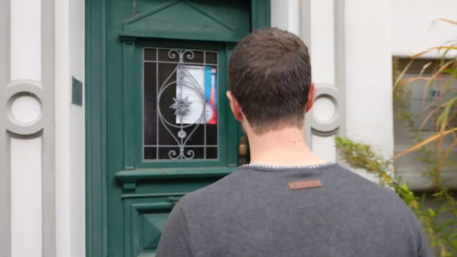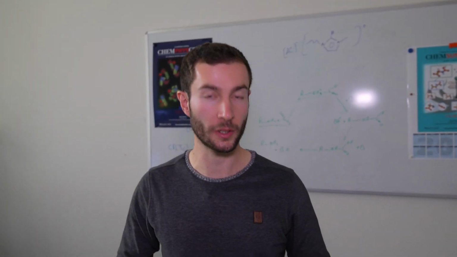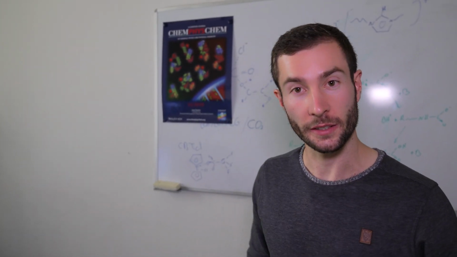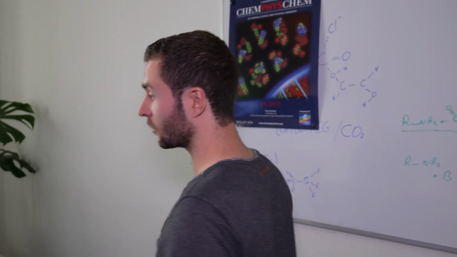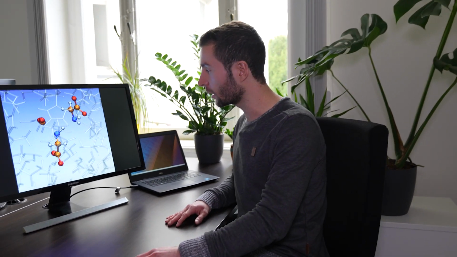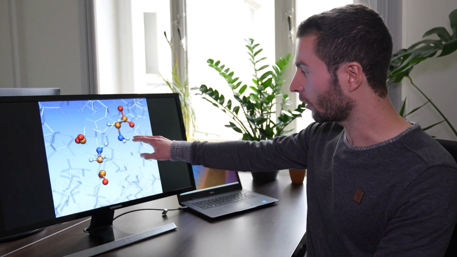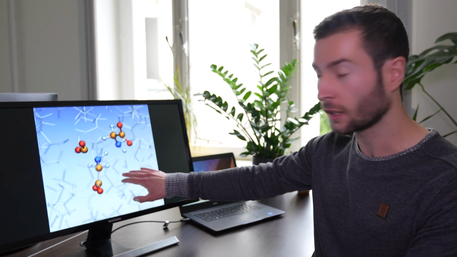Follow me. One example is the design of ionic liquids which can remove carbon dioxide from the environment. The design of such ionic liquids has a great potential to decrease our human-made carbon dioxide footprint. To study CO2 absorption by an ionic liquid, we can use computer simulations like the one you can see here. On the right and bottom you can see the ionic liquid and on the left-hand side the carbon dioxide.